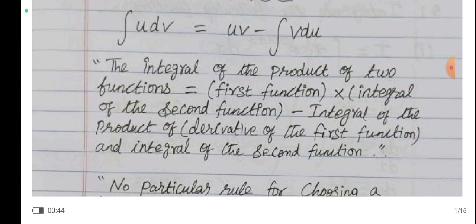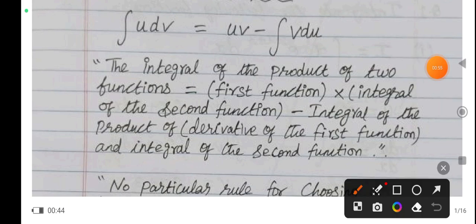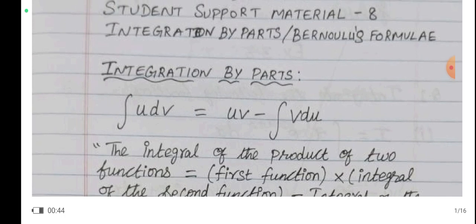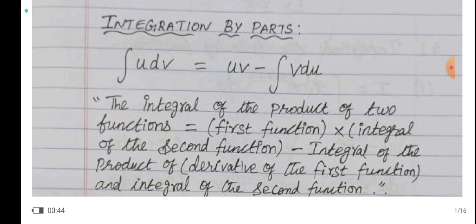See, the integral of the product of two functions. Two functions you are going to multiply are there in the product and you are going to integrate now. First function u, okay, then integral of the second function. That means usual second function we are not taking, integral of the second function.